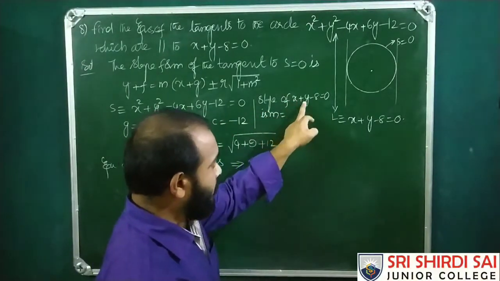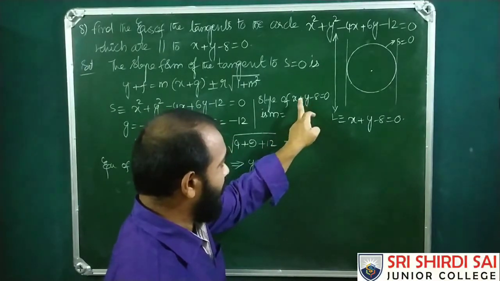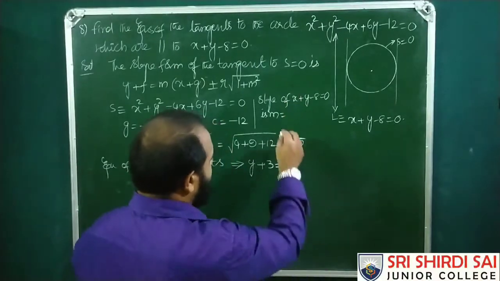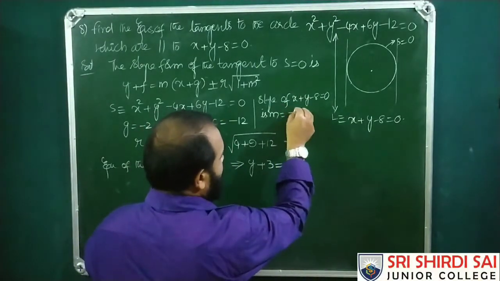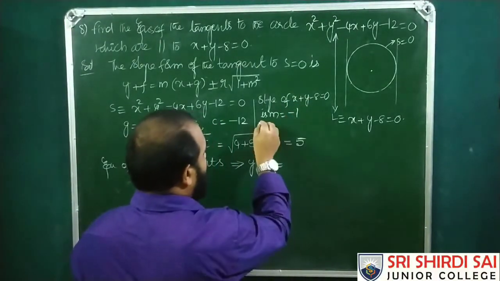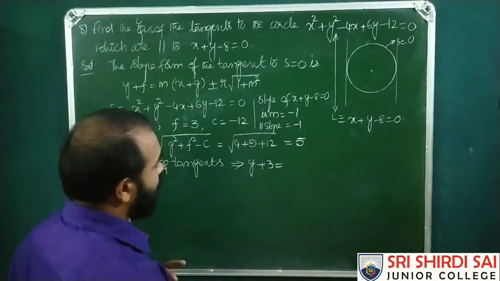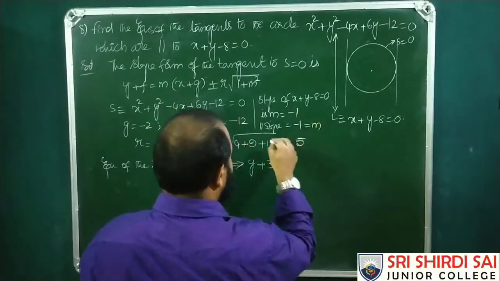For the line ax + by + c = 0, the slope is m = −a/b, minus x coefficient by y coefficient. So −1/1 is −1. Therefore the parallel slope is also the same, −1. So this is the m.